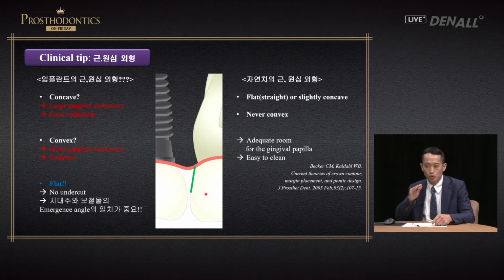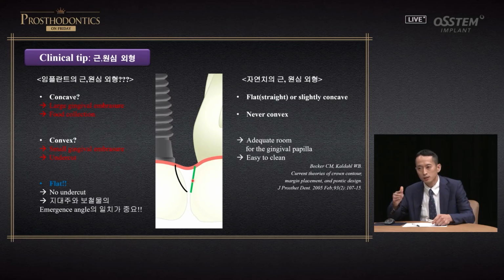The emergence angle of implant is, compared to natural tooth, slightly more drastic. It is more slanted. That being said, if the mesiodistal appearance of abutment and prosthesis is concave, the space with gingival embrasure becomes too much and it becomes concave with the mesial side slanted, leading to even more food impaction.